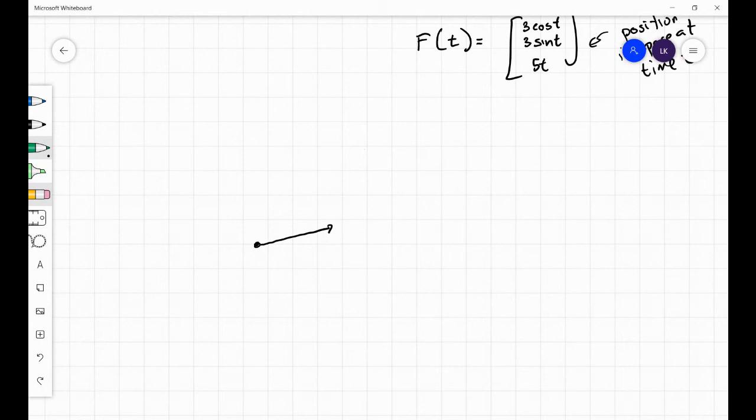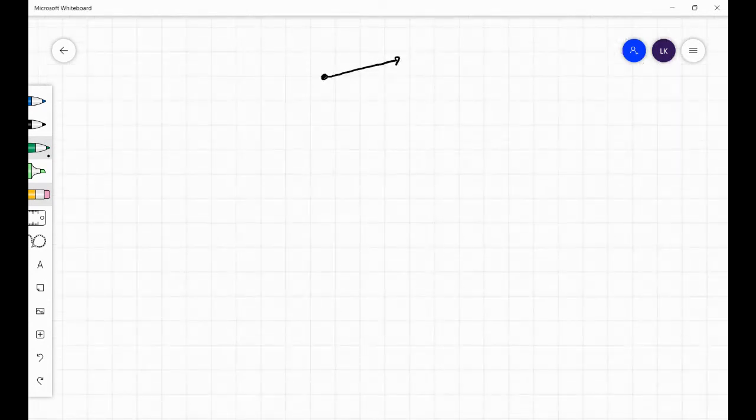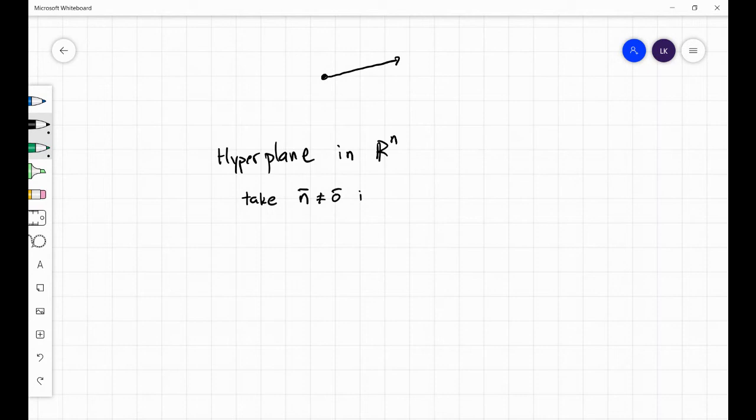Okay. So let's do this. So imagine you have a hyperplane in Rn, right? So what is that defined as? Well, if you take a single non-zero vector n in Rn.